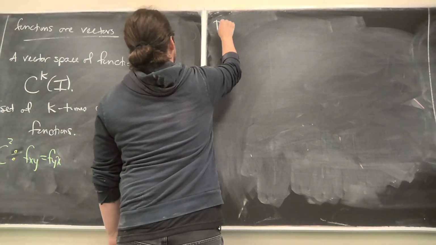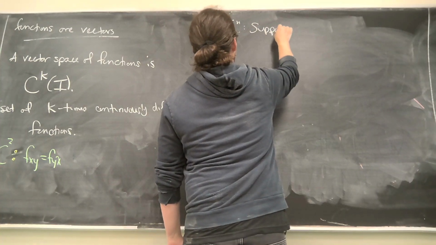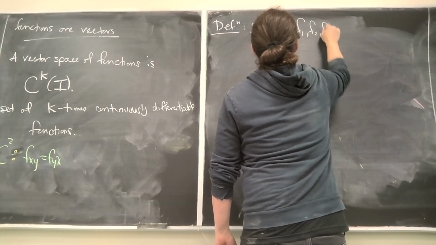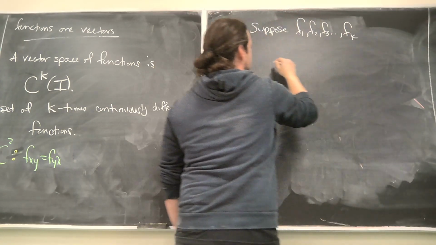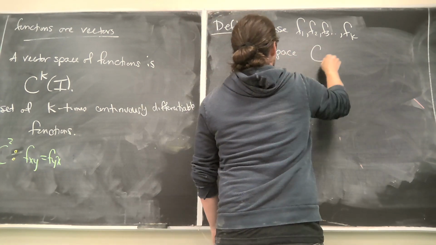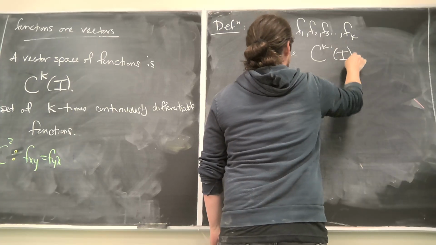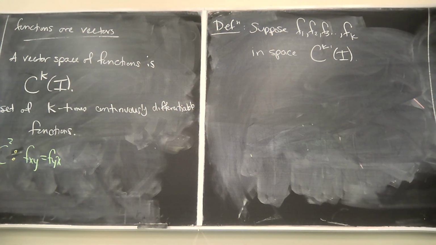So here's a definition of linear independence. Let's suppose that we have functions f1, f2, f3, up to fk in the space C^(k-1) on some interval I. Remember, all that means is I can take k minus 1 derivatives of these things.